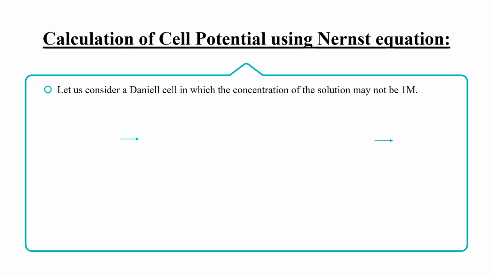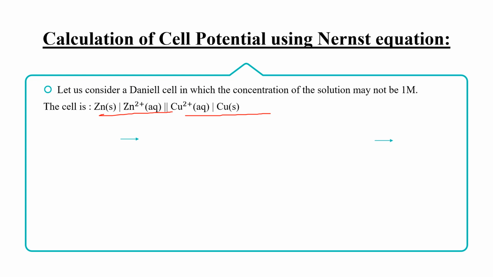If it is not 1 molar, then we can easily apply the Nernst equation. The cell is zinc and copper, where zinc acts as anode and copper acts as cathode, because zinc is on the left hand side of the salt bridge and copper is on the right hand side.